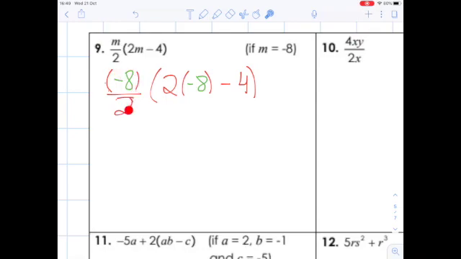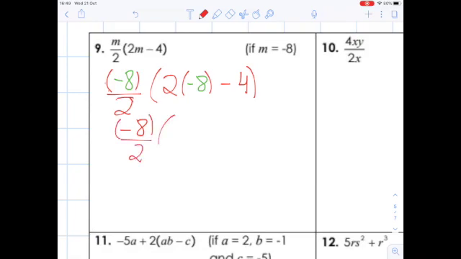Once I do that, I'm going to have a negative 8 divided by 2 over here times 2 times negative 8 minus 4. PEMDAS tells me I should do my parentheses first. Inside my parentheses, I have a multiplication and a subtraction. So once again, inside my parentheses, I'm going to do multiplication first and then subtract.